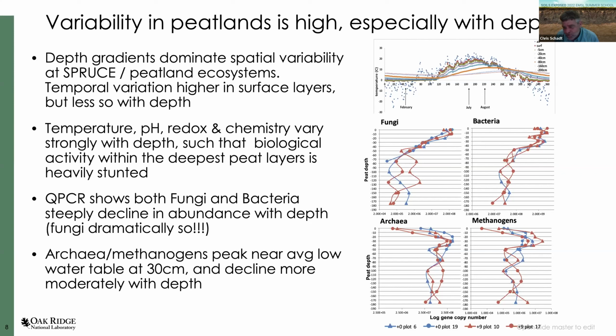So this is where the methanogens and archaea peak. When you get down deep into the bog, you actually have positive archaea to bacteria or archaea to fungi ratios, where you have more archaea at depth than you have bacteria or fungi. And most of those are Crenarchaeota.